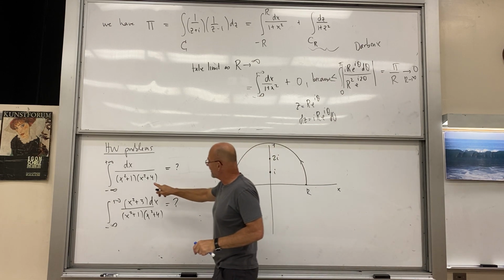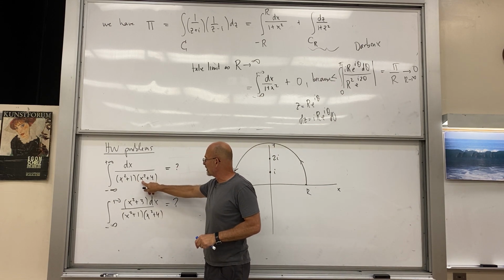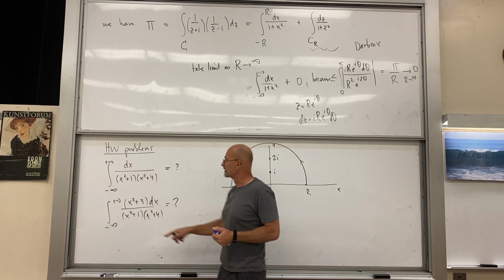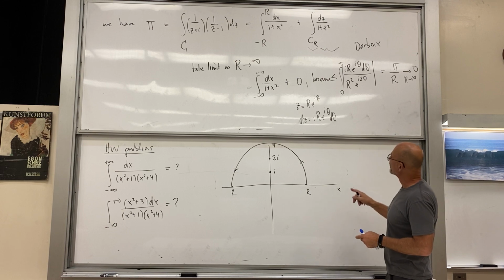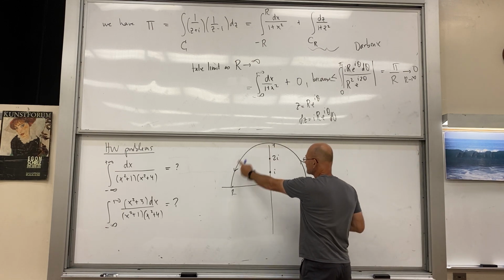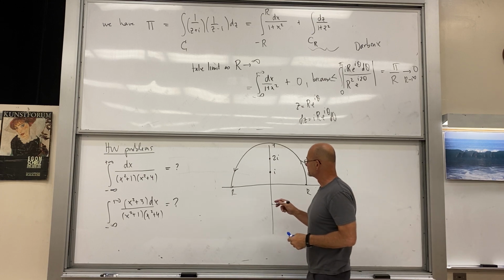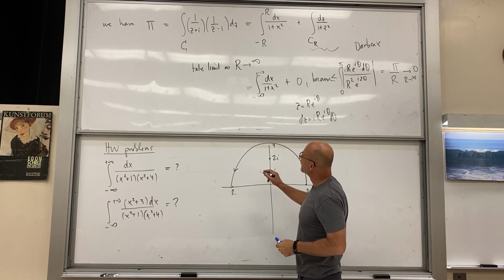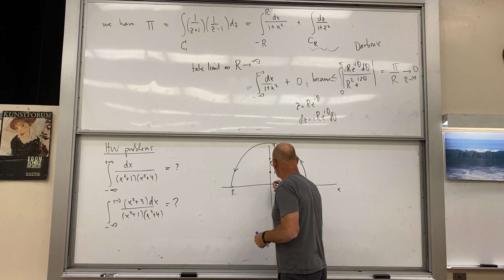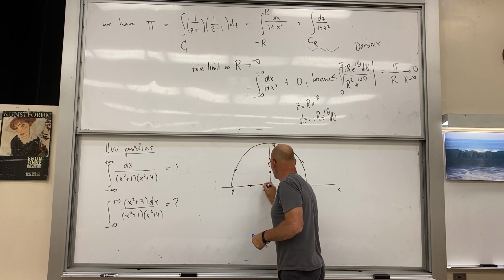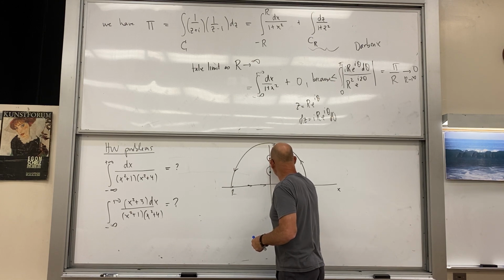And this one we actually have 4 powers of x in the denominator, so this one will certainly converge. Both of these are going to vanish here, and so we'll be replacing this integration with the following one. Coming in here, going up a semicircle, up another one, down, and down.